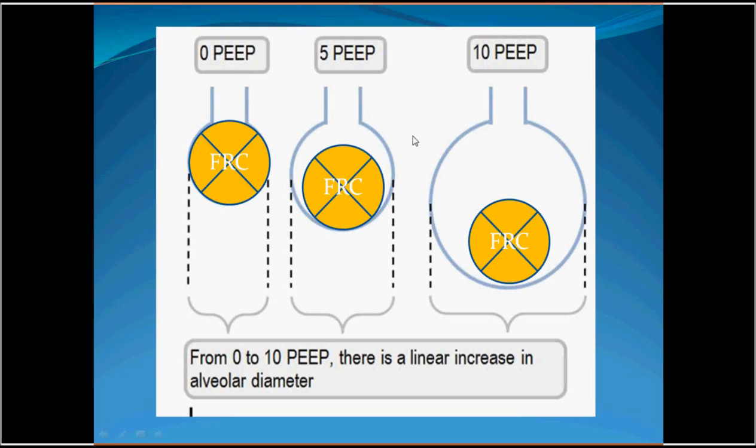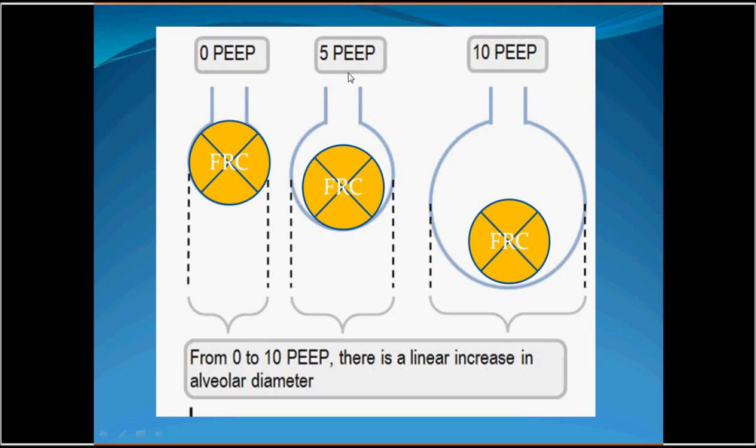But if the pressure in the alveoli is more than zero, this means that there is an extra volume above the functional residual capacity, which led to the production of this pressure due to the elastic recoil of the lung. So the remaining volume is more than the functional residual capacity.